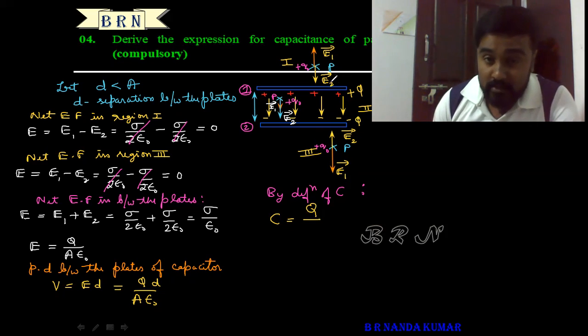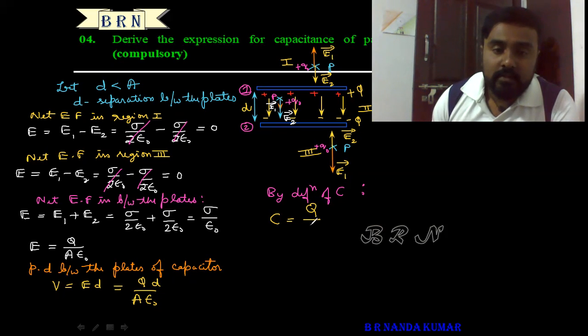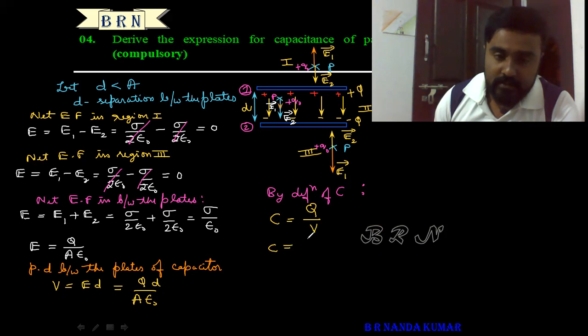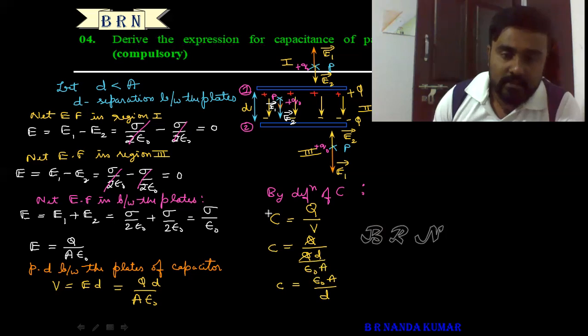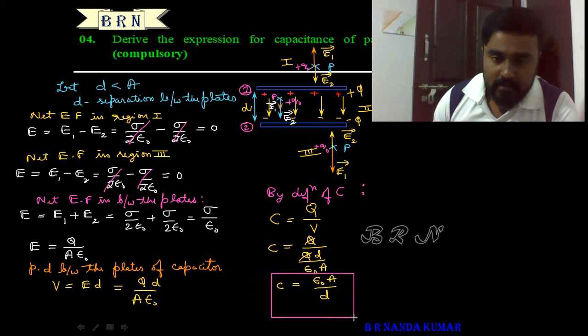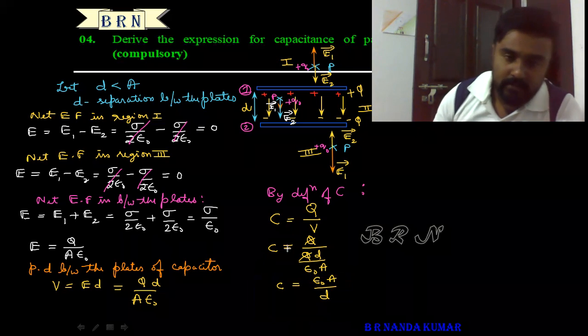So the ratio of charge on any one of the plates, divided by the potential difference between the plates. So C is equal to Q divided by V, which is QD divided by epsilon naught A. Q cancels out. Finally, C is equal to epsilon naught A divided by D. This is the expression for the capacity of a parallel plate capacitor.